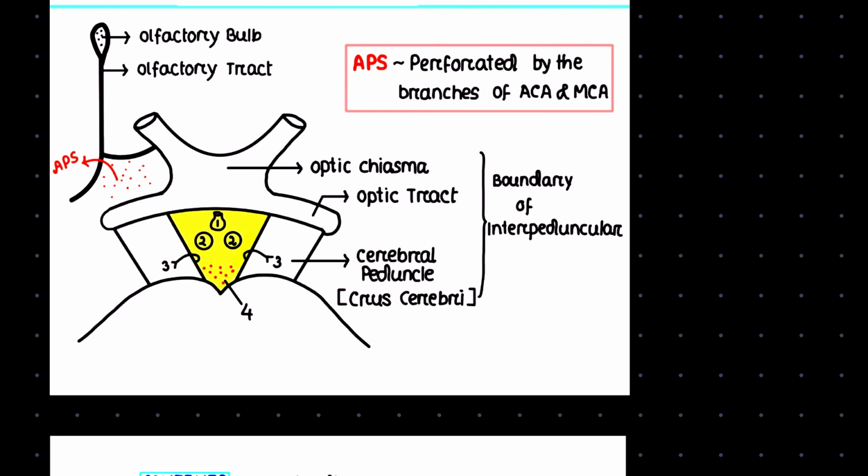This olfactory tract is divided into a medial and a lateral part, and between these there is the formation of the anterior perforating substance. So this was about the boundary of the interpeduncular fossa, and also about the anterior and posterior perforating substances in detail.